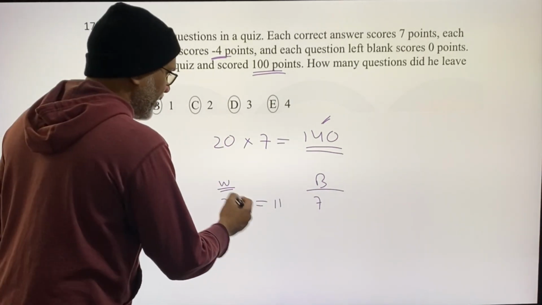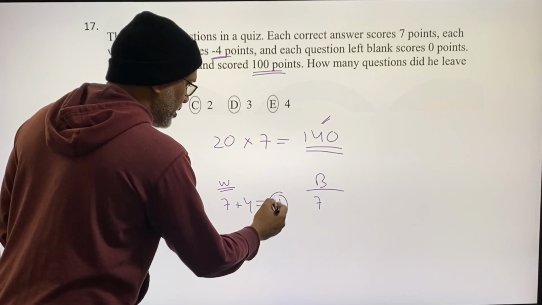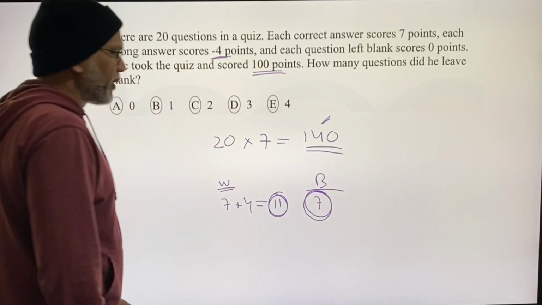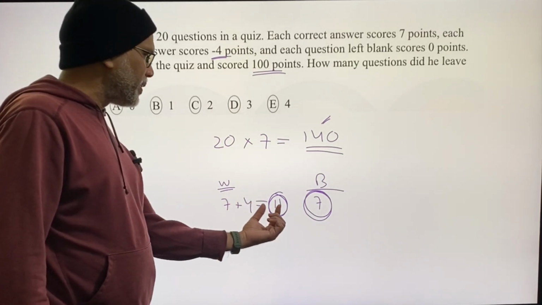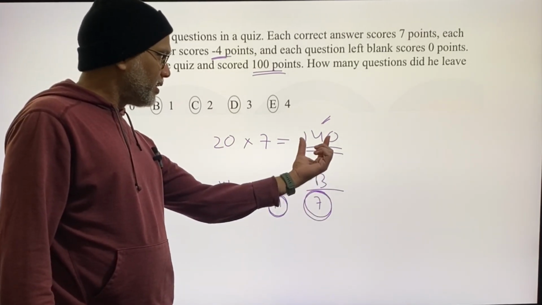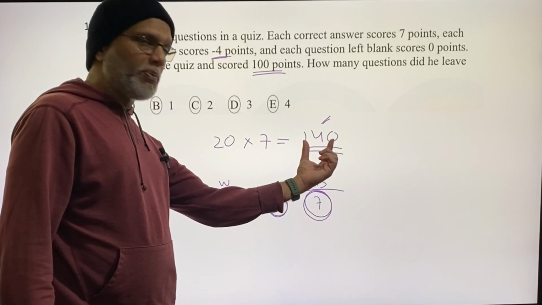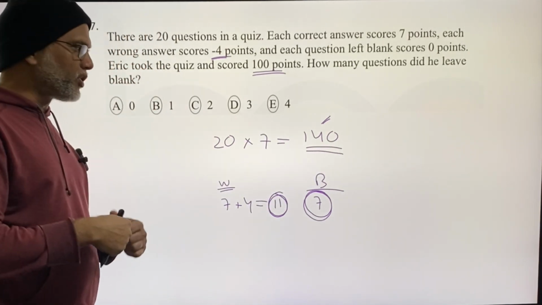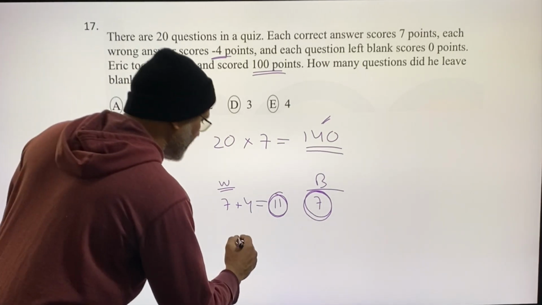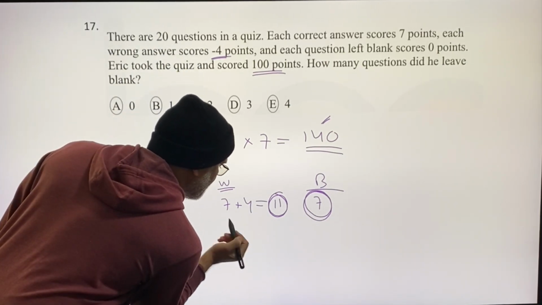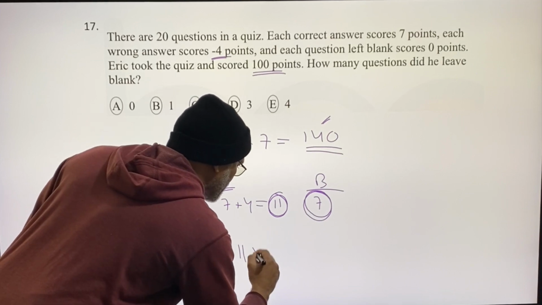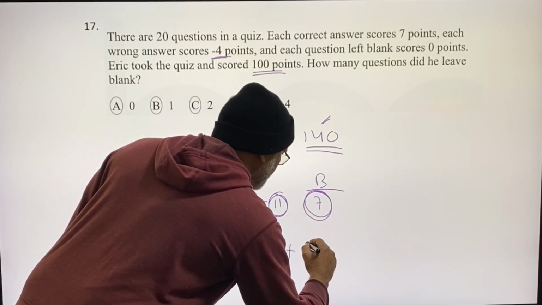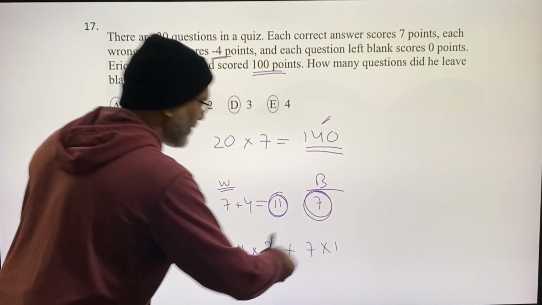All right. So for every wrong answer, I have to take away 11 points. Every blank, I have to take away 7 points. And somehow I have to take a combination of 11 and 7 points to reduce 40 points from here. One way, if you just think about different possibilities, you can see that I have to take 3 of those 11 plus one of those 7 points.